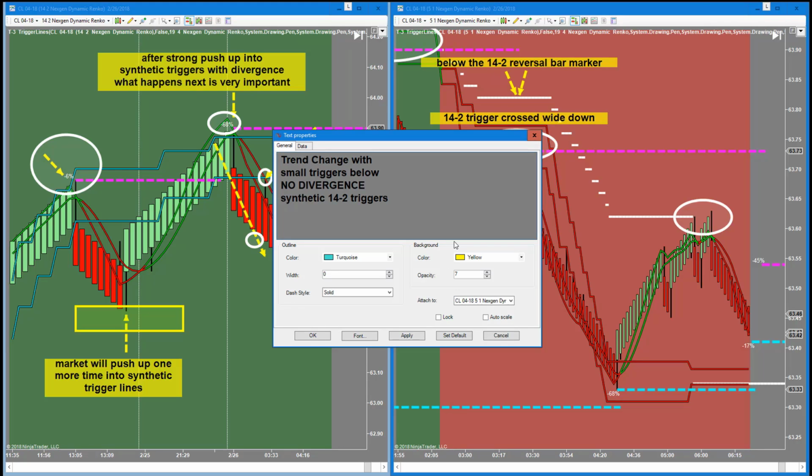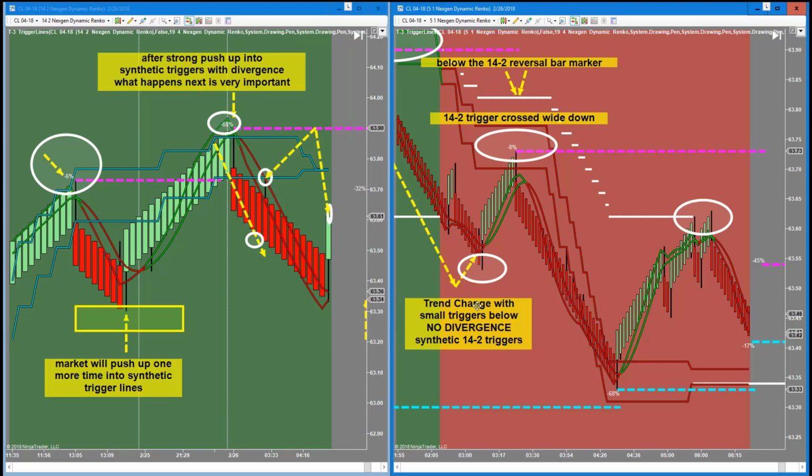So we have a couple of things as we start to layer in reading of our fibs and trigger lines that are going to generate high probability trades for us. Number one, with our 14-2 chart, we've had the small triggers get below our synthetic triggers. We've had a push back into our synthetic triggers.